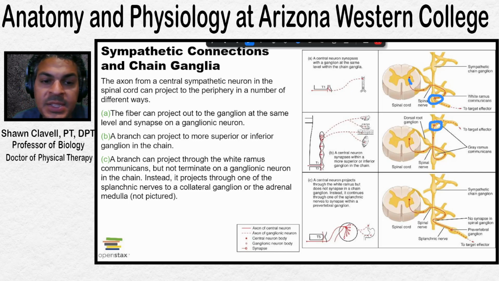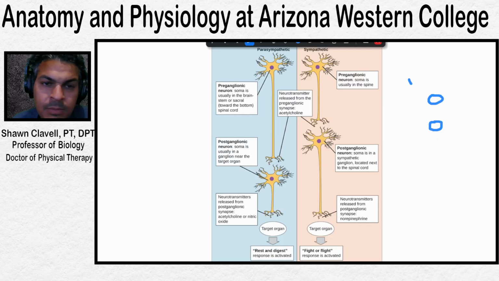And whether it's the sympathetic or the parasympathetic nervous system, you'll see that the cell bodies are right here, right? So in the parasympathetic nervous system, you can see that there's a long pre-ganglionic neuron, and this is the post-ganglion.